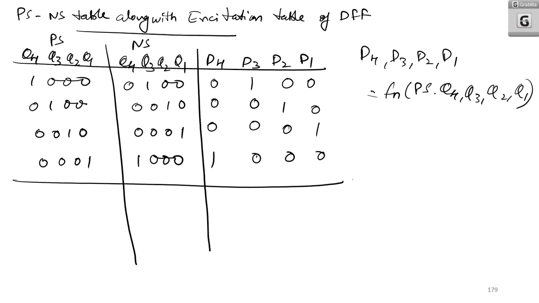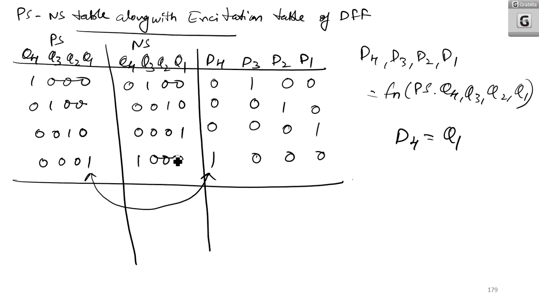That is how we design the counters. Now if you look at D4 and the present state Q1 column, we can see that both columns are the same. Therefore we can write D4 is equal to Q1.